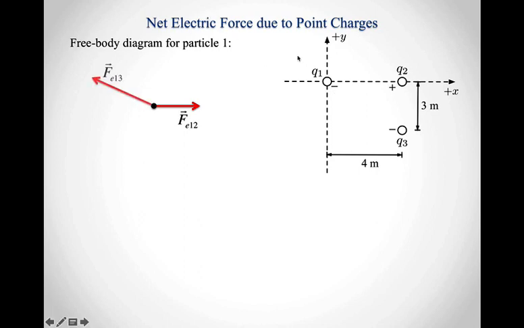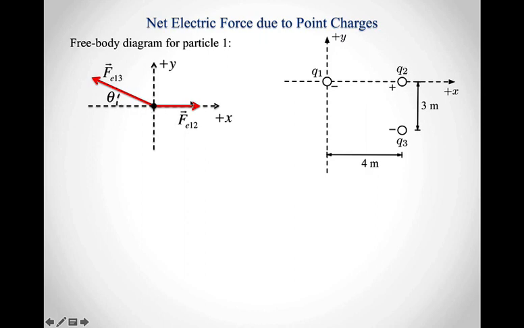So there will be a force exerted on particle 1 by charge 3 that points up and to the left. I can come back and draw my coordinate system on top of my free body diagram. Again I see this same angle theta between the line that connects charges 1 and 3 and the x-axis, so this must be theta again.